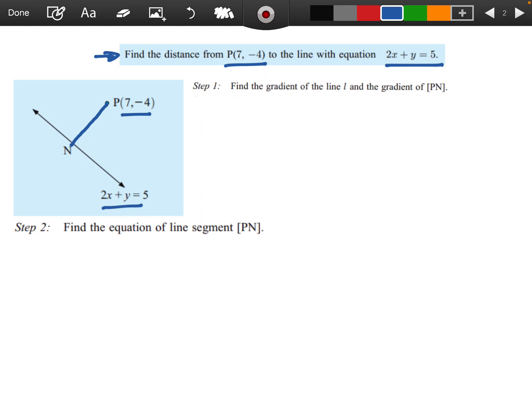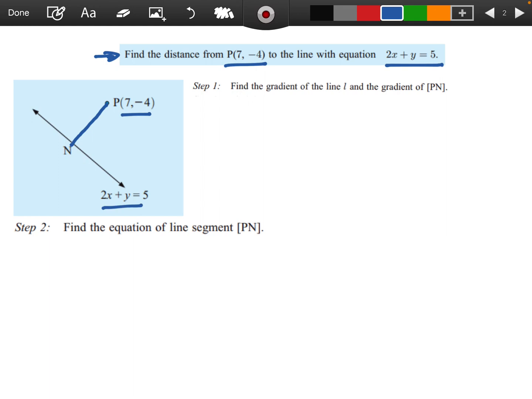You will always have those two pieces of information, or have a way to figure them out. Without those two pieces of information, you cannot figure out the distance. If it's not explicitly given to you as it is in this question, there will be a way for you to figure it out.